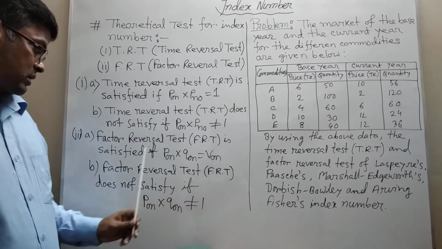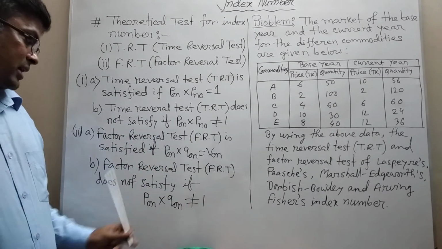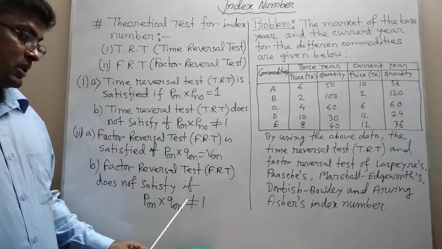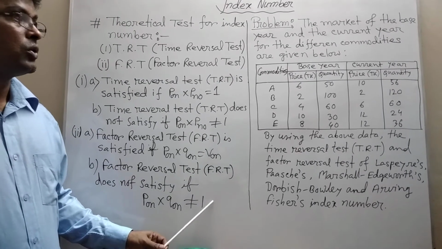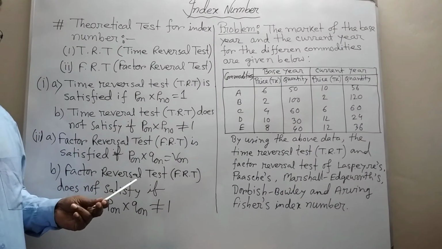Again, the factor reversal test FRT does not satisfy if P suffix n multiplied by Q suffix n is not equal to V suffix n. Have you understood, dear students?